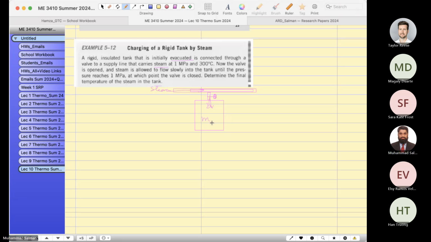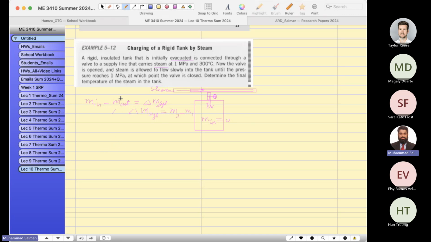Initial, like you see delta M of the system, which is M2 minus M1, correct? The mass balance equation says that mass going in minus mass coming out equals the change in the mass of the system.